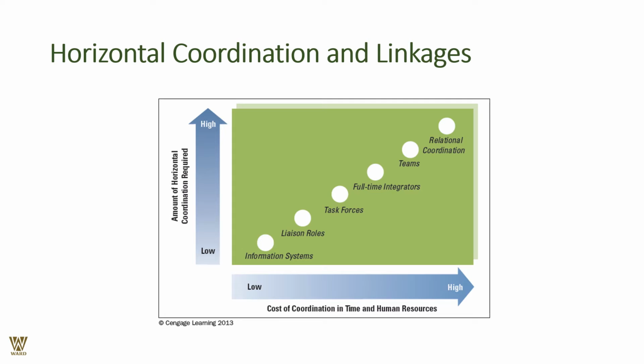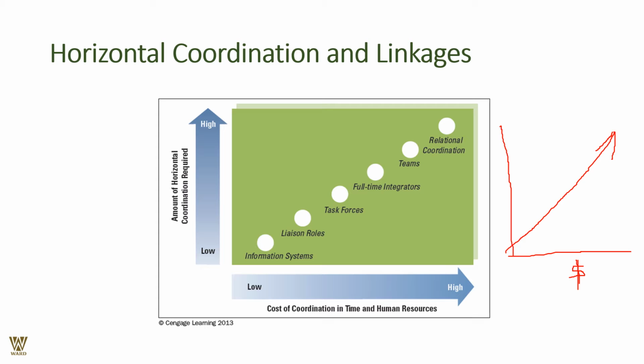Let us look at the horizontal coordination, the linkages thereby. If you look into it, this is how it flows. On the x-axis, we are talking about the money aspect, right? This is the money aspect that comes around here. Whereas on the y-axis, what comes around it?